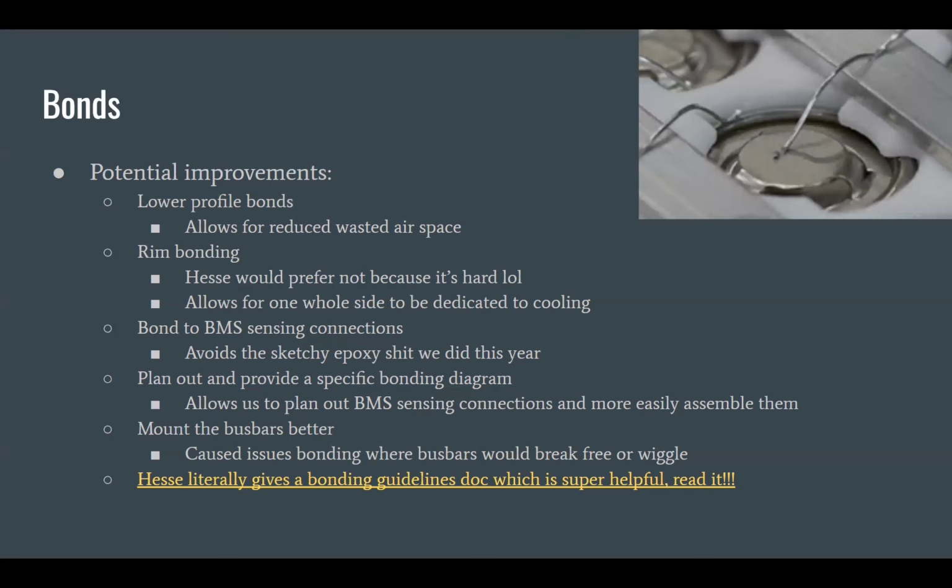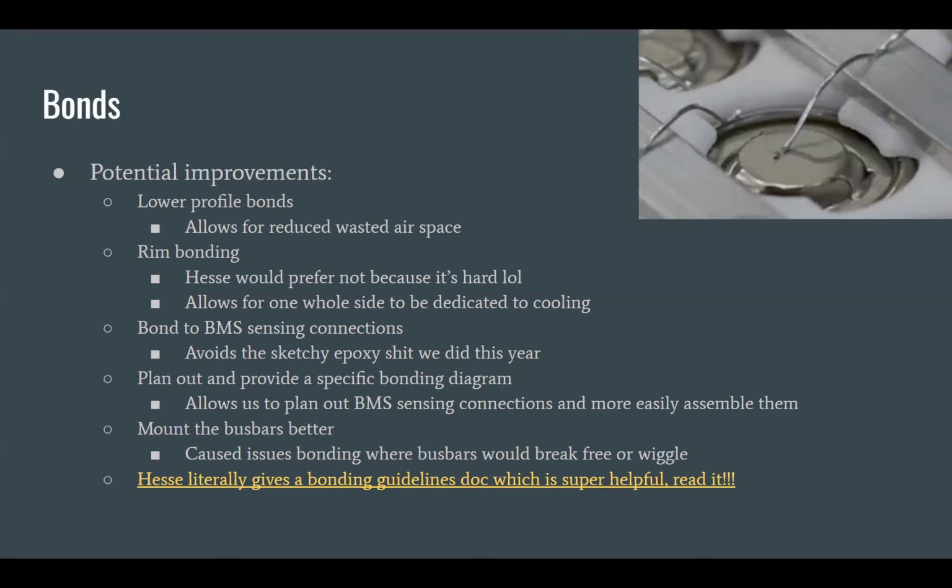So another thing with bonding is you can actually bond to the BMS sensing connections. You know how I said that they can bond to stuff like copper and aluminum? Well, they can also bond to PCB surfaces. So rather than us having to do this sketchy thing that we're doing this year, where we use conductive epoxy to epoxy a PCB with a contact pad to a piece of metal, Hess just directly says in their documentation, yeah, if you want, you can just put a PCB on your board, whether you bolt it down or you adhesive it down, don't care.